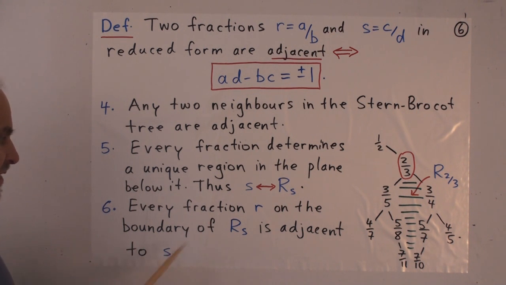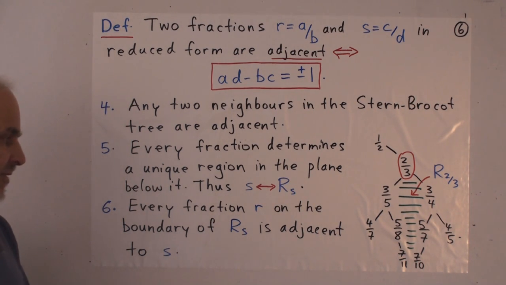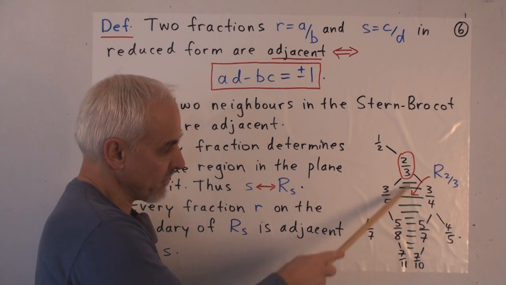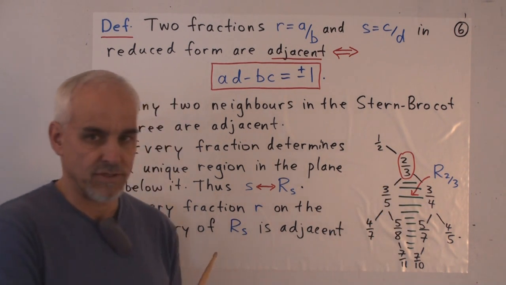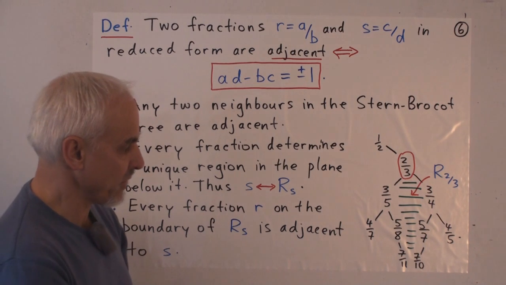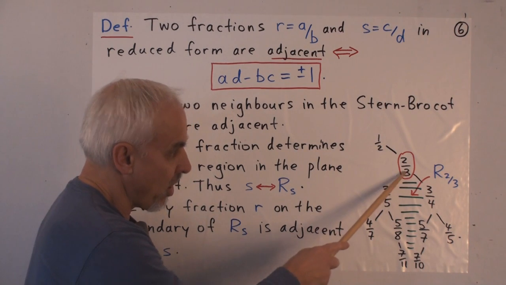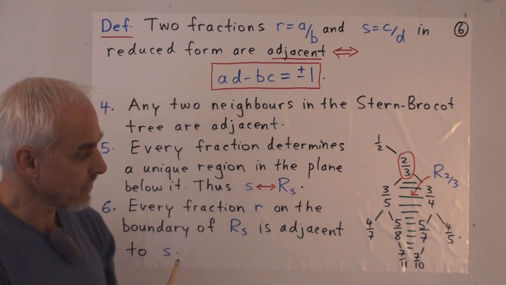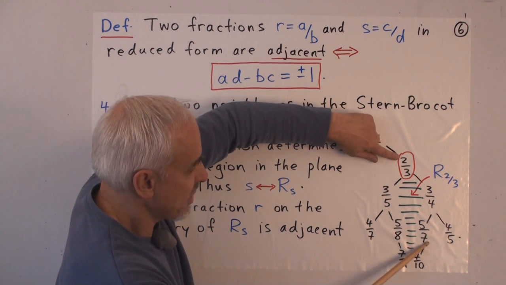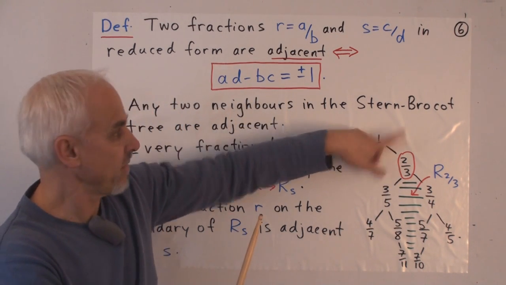And now another property is that every fraction r on the boundary of R sub s is adjacent to s. So in other words, if we look at 2/3 here and look at all the fractions which are on the boundary of R sub 2/3, which includes not just the children but also some of their children and so on, all these numbers here are adjacent to 2/3. So for example, 2/3 is adjacent to 5/7. What does that mean? It means that 2 times 7 minus 3 times 5 is, in this case, minus 1.